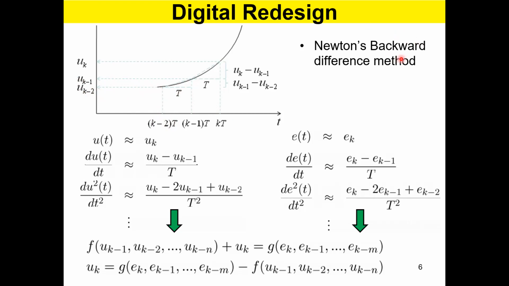Now, if you use Newton's backward difference method, here I can approximate u(t) to uk. What about du/dt, the first derivative? The way I calculate it is uk minus uk minus 1. The signal has changed from here to here within time T, so divide by T. This is how I calculate the rate of change in the discrete, digital version.